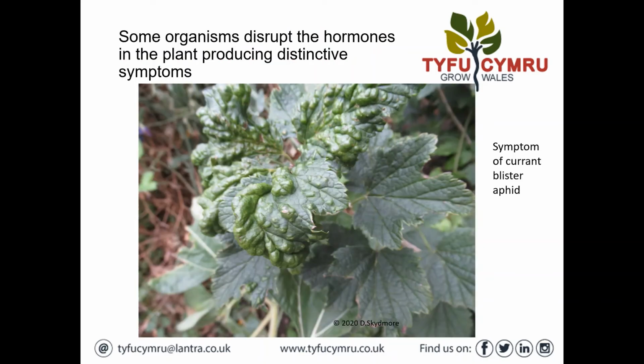Some organisms disrupt the hormones in the plant, and that causes distortion of the plant, growth in unusual ways, and those might produce distinctive symptoms. For instance, here there's a currant, and the symptom here is these blisters, and it's caused by the currant blister aphid.